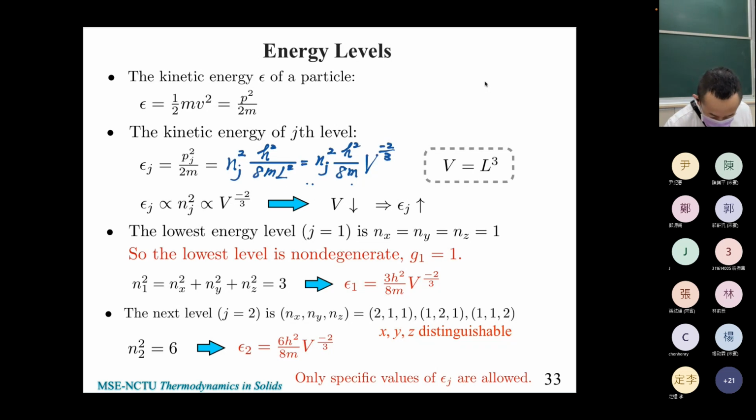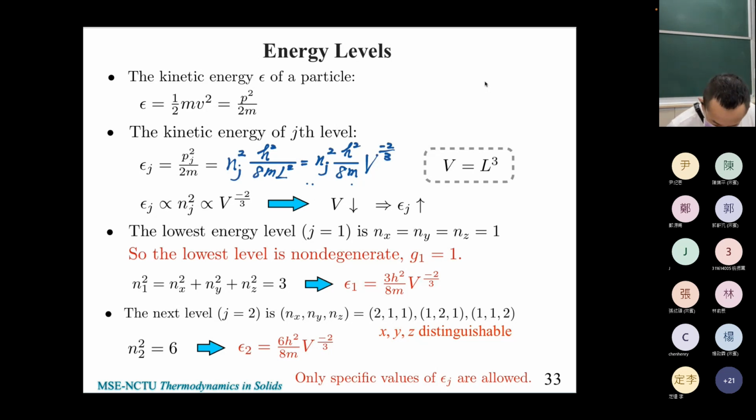The L here is the length of the box, so we can substitute L by the volume, because volume equals L cubed. So L becomes V to the power of minus 2 over 3.